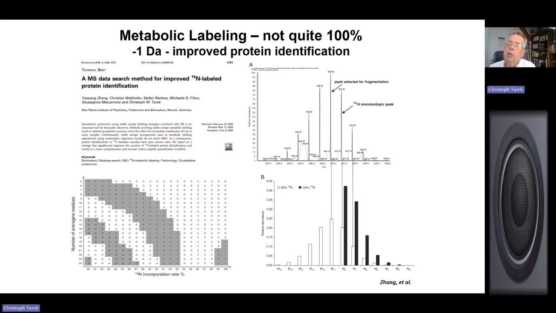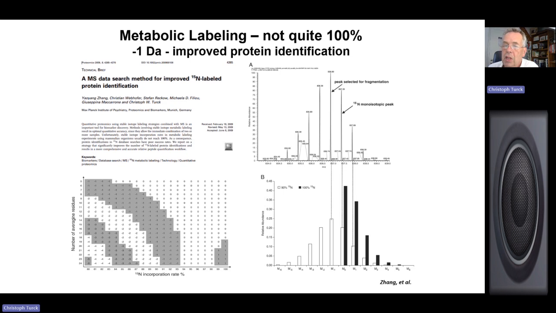And since you're dealing here with peptides that are not 100% labeled, the 15N monoisotopic signal, which is the peptide that has only 15N, is not the most intense signal. What is the most intense signal for most of the peptides that we were dealing with is the -1 Dalton isotopologue, where basically one nitrogen is not 15N, but 14N, okay?